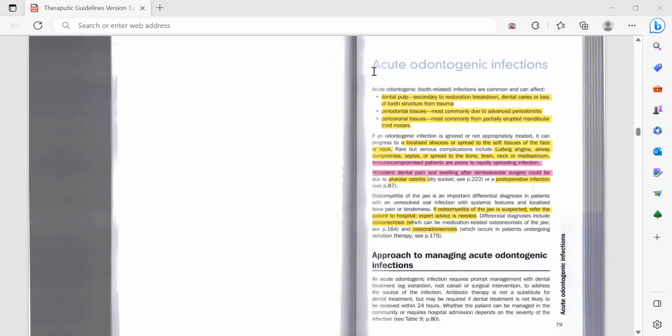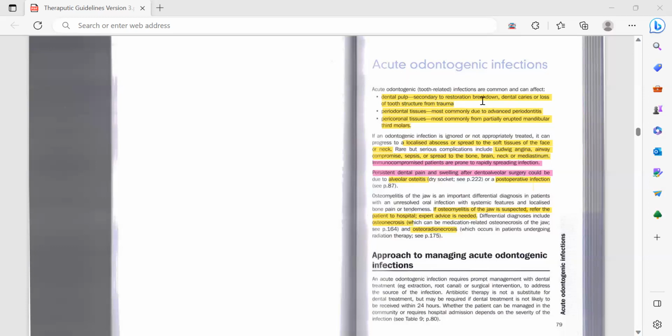Okay, so let's start with the acute odontogenic infection. Odontogenic means tooth-related infections. They are common, and they can affect the dental pulp. What are the ways these can happen? The first way is that it can spread through the pulp. How can the pulp get involved in the infection?